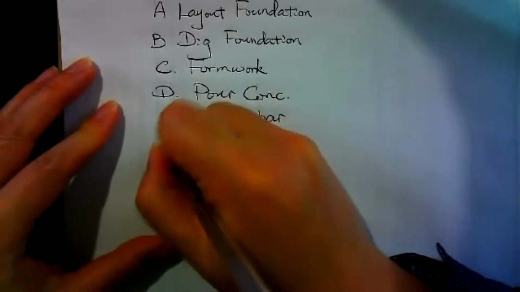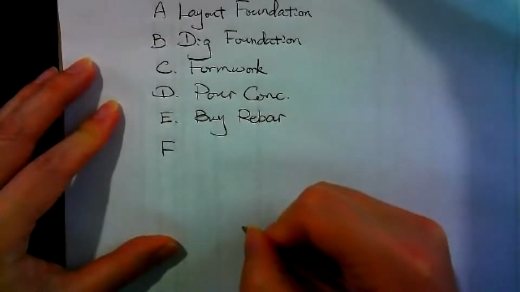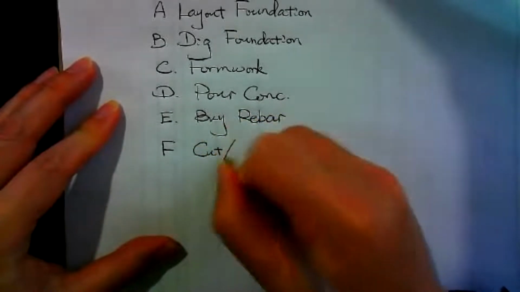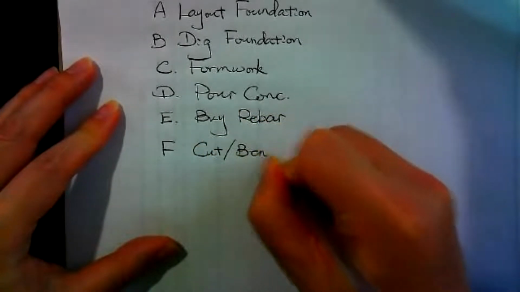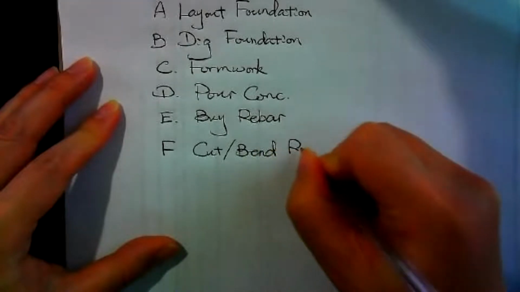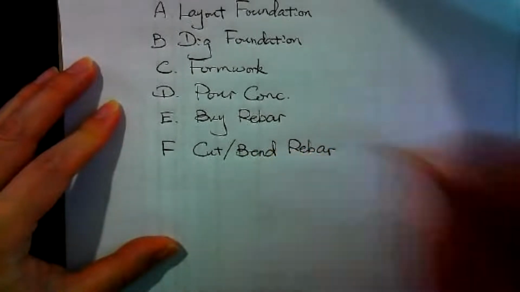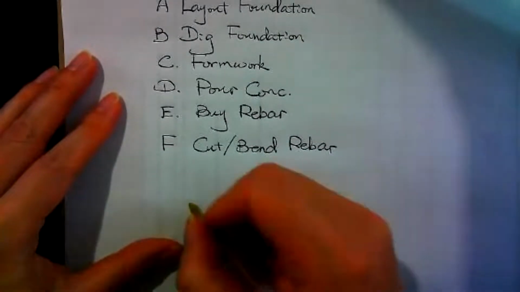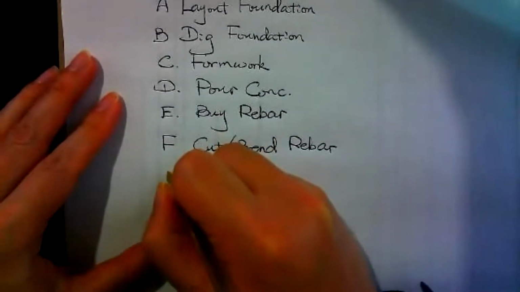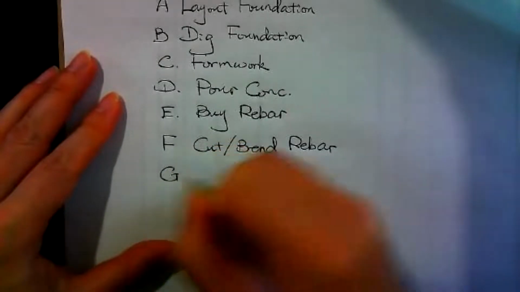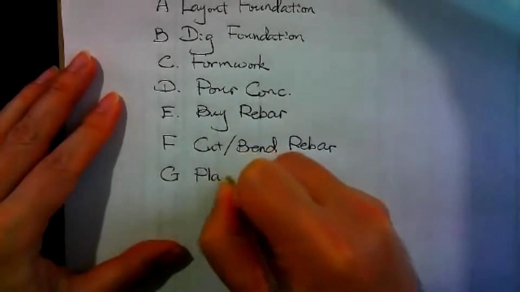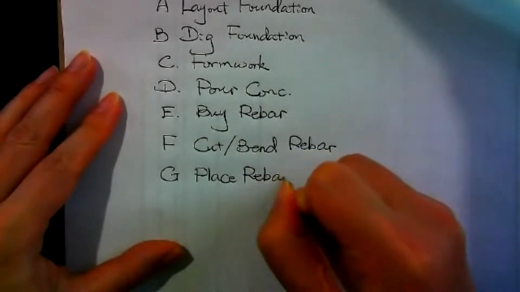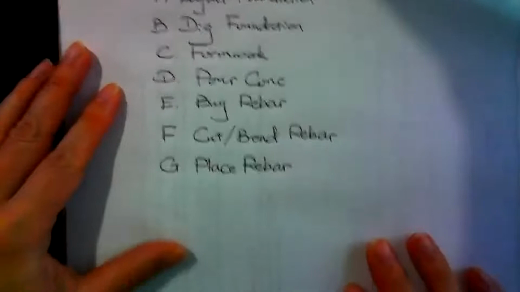Activity F is cut and bend rebar. G is place rebar, putting the rebar in place.